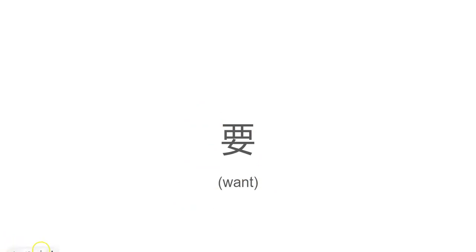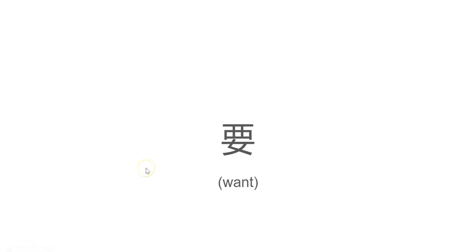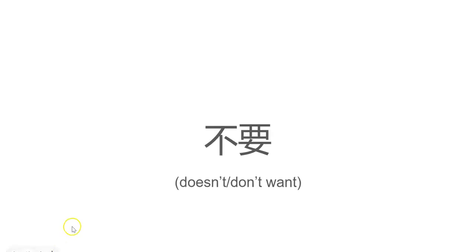Then how to say you don't want? 你不要. Then how to say he or she wants? 他要. Then how to say he or she doesn't want? 他不要.